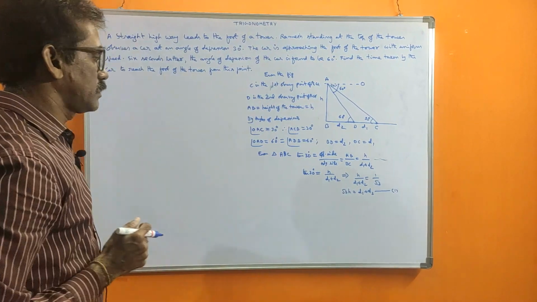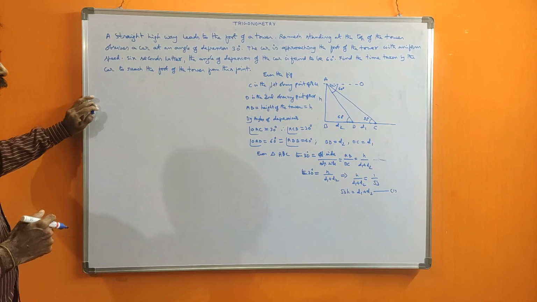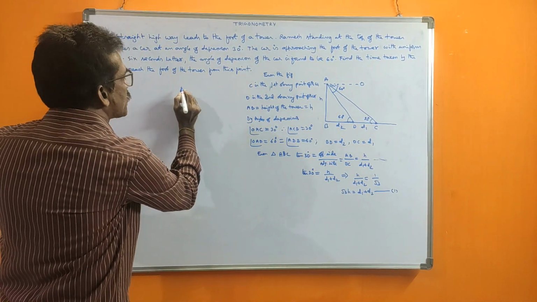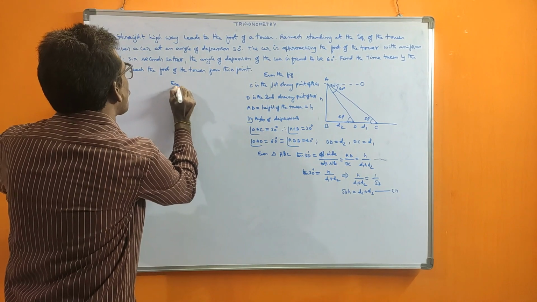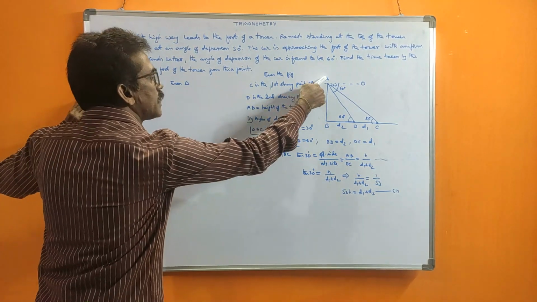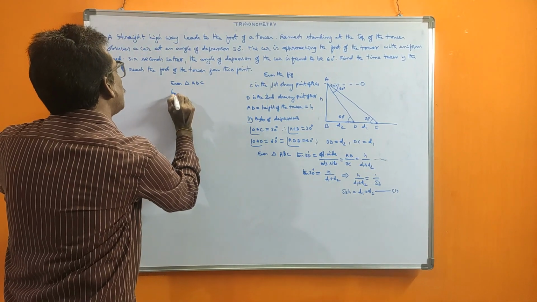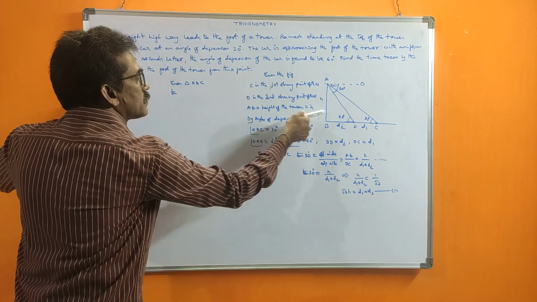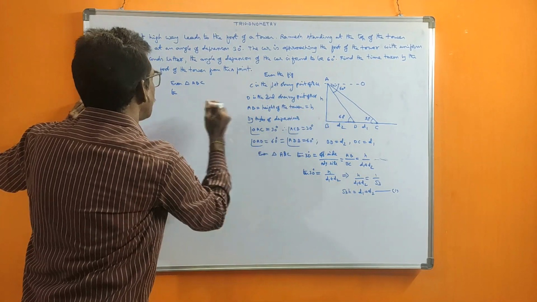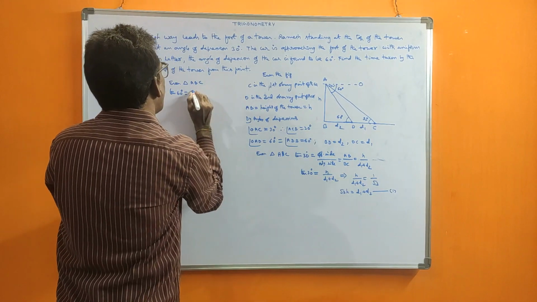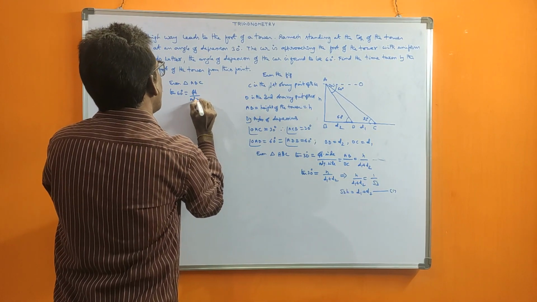One equation we got. In the same way, take the second triangle. From triangle ABD, this also we take tan only. Tan 60 is opposite side by adjacent side.